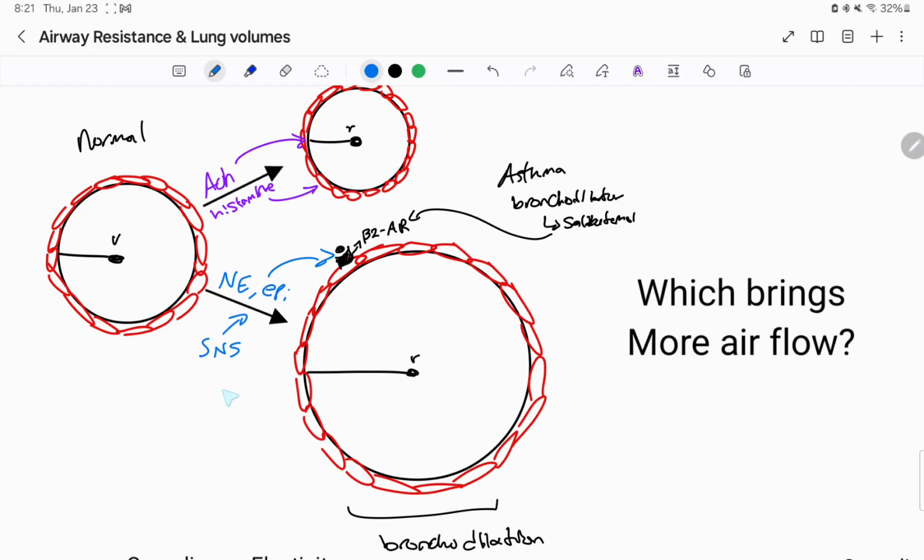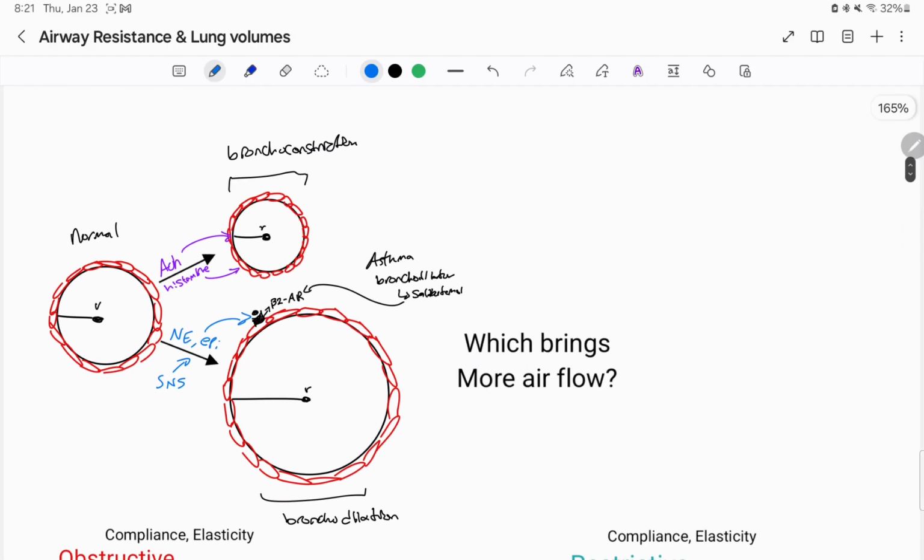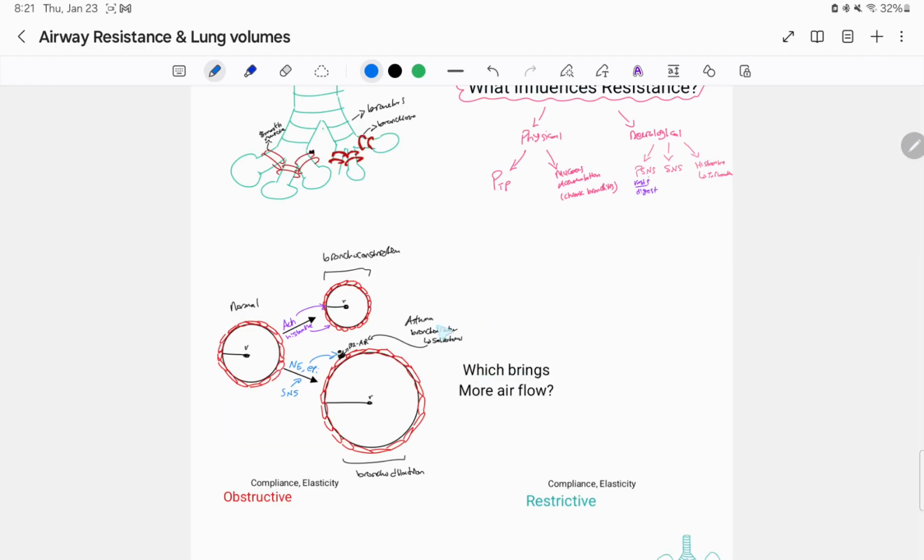If they require that much oxygen to function, guess what? Where do you get oxygen? From breathing in, right? So I want to dilate my airways so I can breathe in and bring in as much oxygen as possible to my working skeletal muscles. So that's why I want to do that. Awesome. So this is what's kind of happening here with the bronchoconstriction and the bronchodilation, okay?